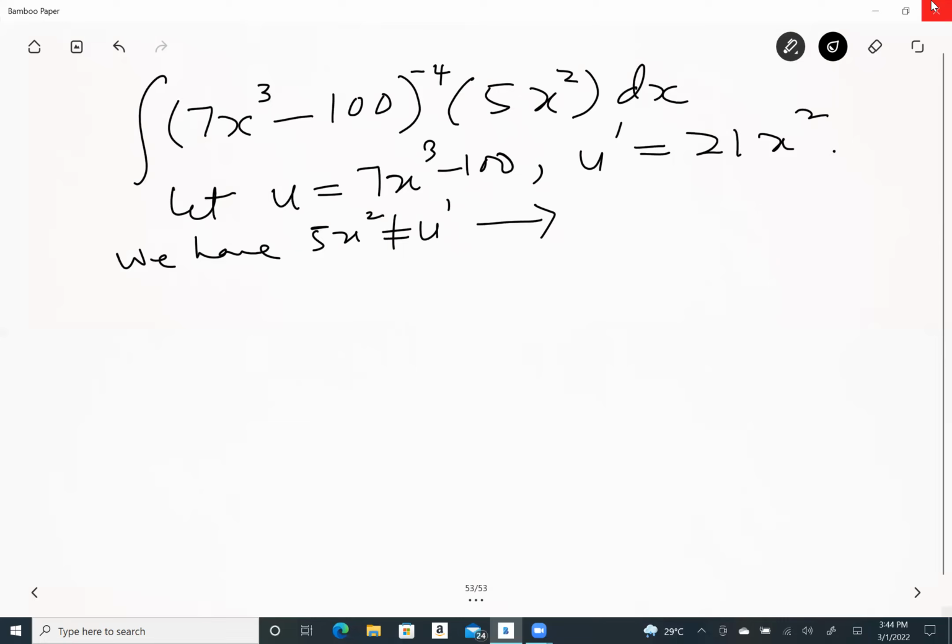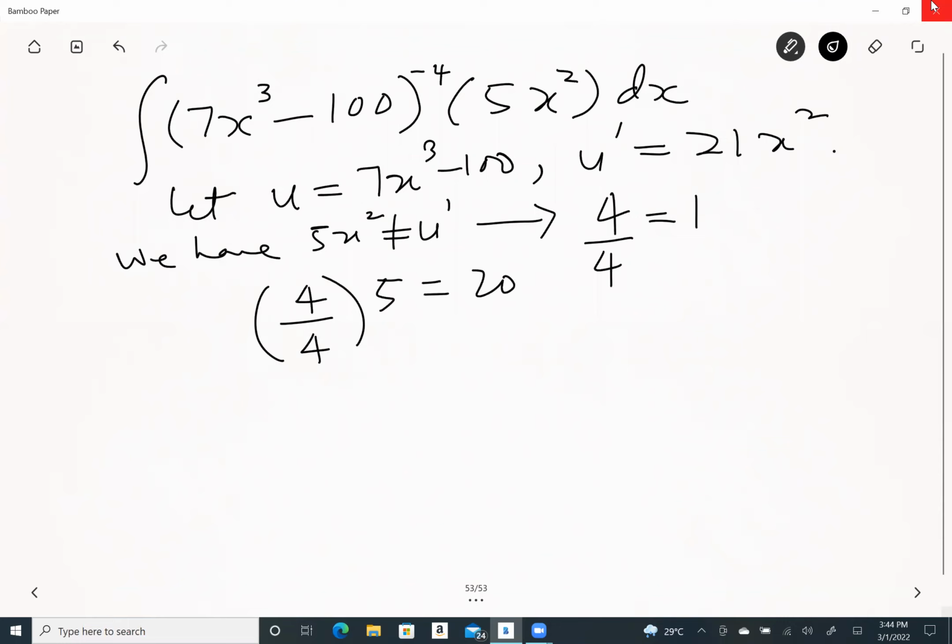If you multiply by 4, you cannot multiply by 4. You have to multiply by 4 over 4. If you multiply by 4 over 4, of course, that is equal to 1. But do you have 21? I just write the u prime. I don't write the whole thing because you want to establish 21. You multiply by that, you will get 20.